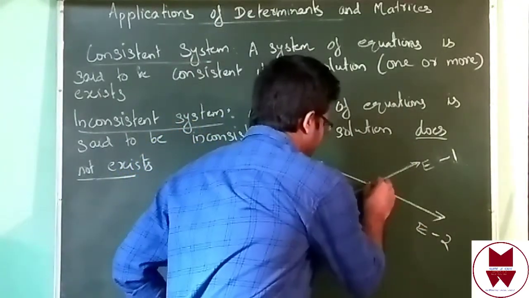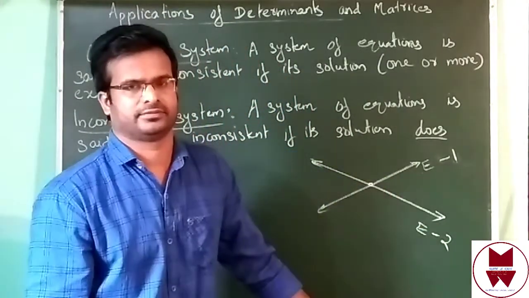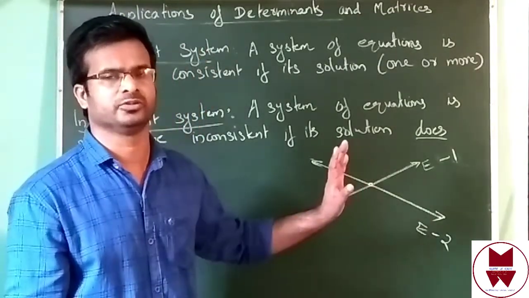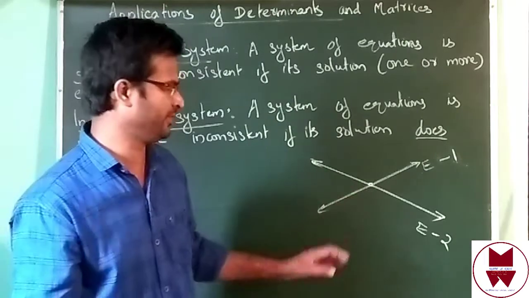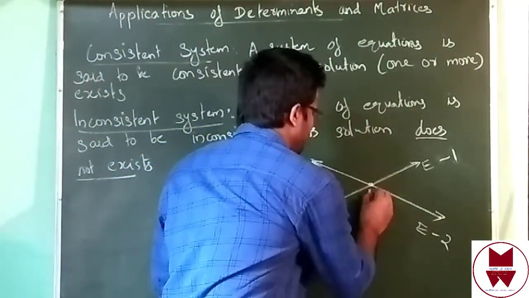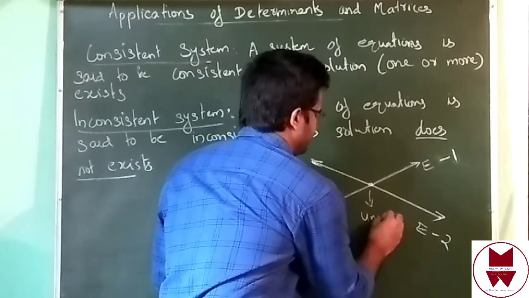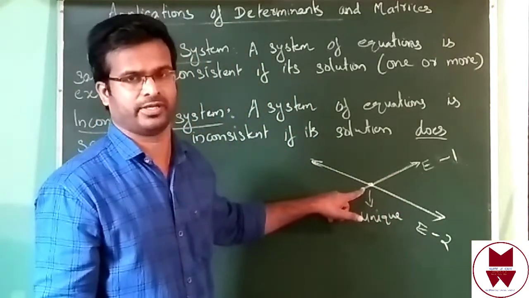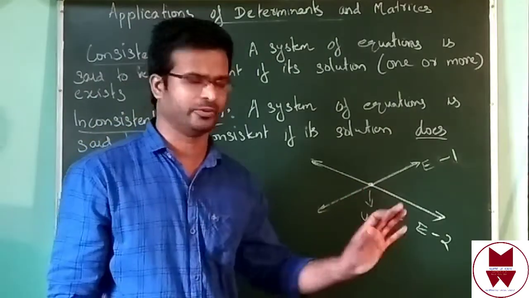Here you can see one intersecting point. That means this intersecting point is the solution of these two linear equations. That means here we get one unique solution. Why unique? Because there is only one intersecting point.